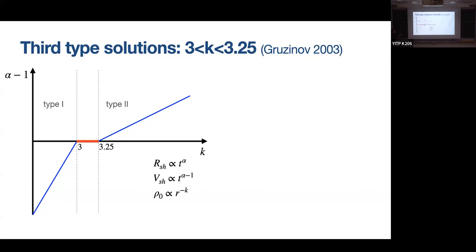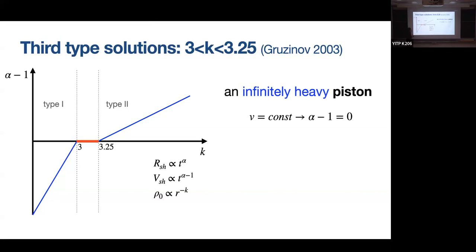And it turned out to be correct, and he also had a physical interpretation of this. It turns out that there is a piston, an infinitely heavy piston that contains most of the mass and the energy in the solution, and it lies partly inside, partly outside the self-similar flow.